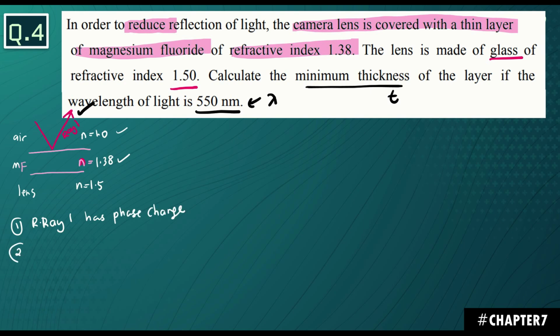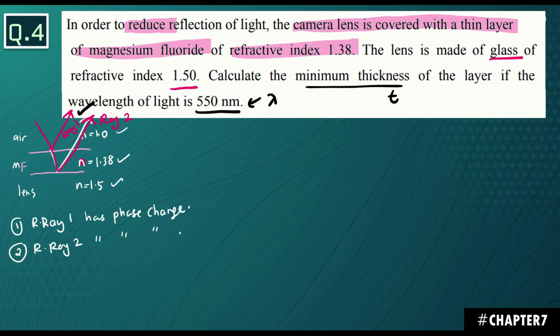And then ray 2. This is our ray 2 going from 1.38 to 1.5. Again, it is from less dense to denser, meaning that reflected ray 2 also has phase change.